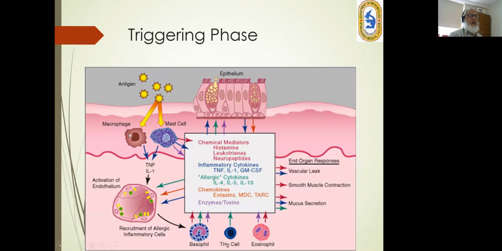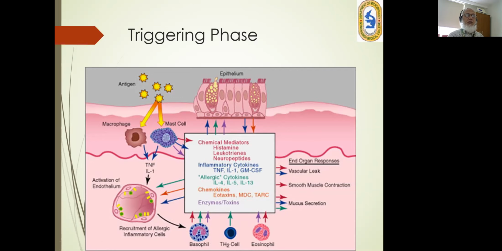Triggering phase: the same person, when re-exposed to the same allergen, again has this allergen taken up by the macrophage, and again immunoglobulin E is produced. This allergen goes to the immunoglobulin E that is prefixed on the mast cell, and there will be degranulation of the mast cell, resulting in many chemical mediators we will discuss in detail.